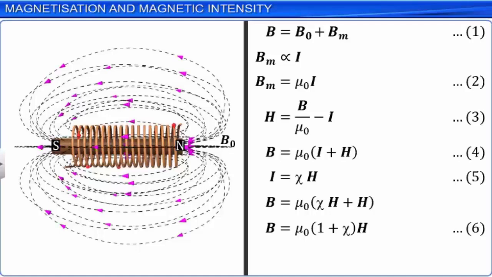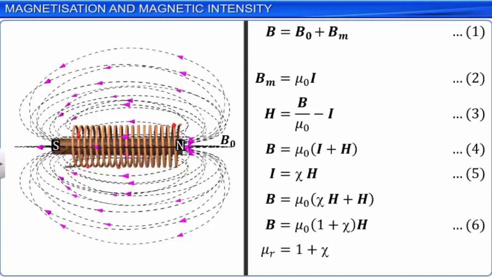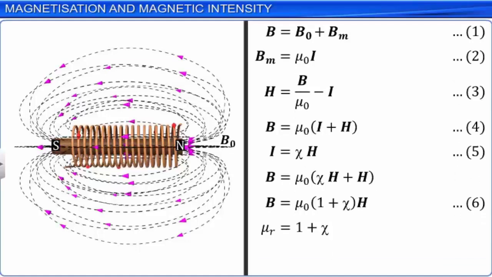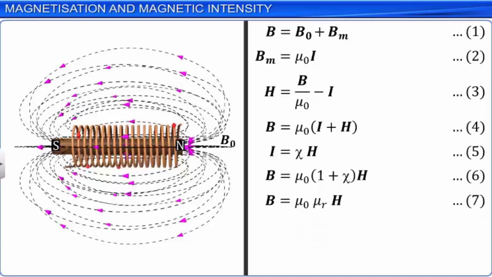We know that the relative magnetic permeability is the ratio of the magnetic permeability of the material to the magnetic permeability of vacuum. That is, mu R is equal to mu by mu naught. Then, mu is equal to mu naught into mu R. On substituting the magnetic permeability of the material mu in equation 7, we get the magnetic field as B is equal to mu H. Let this be equation 8.